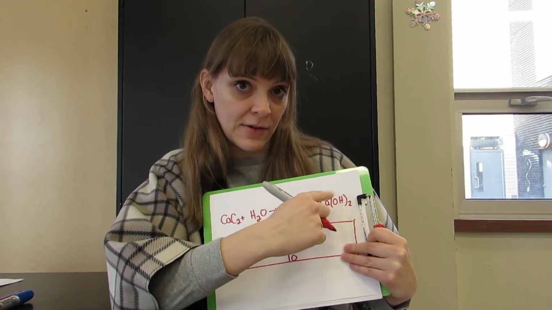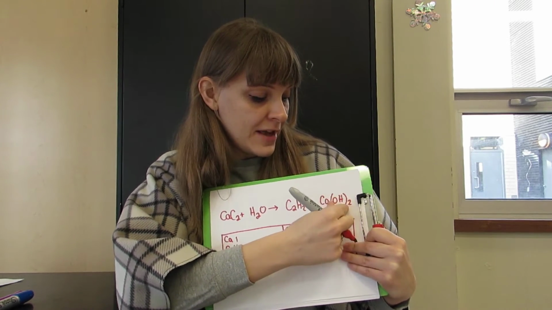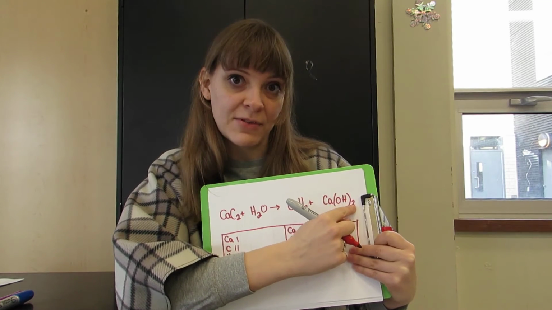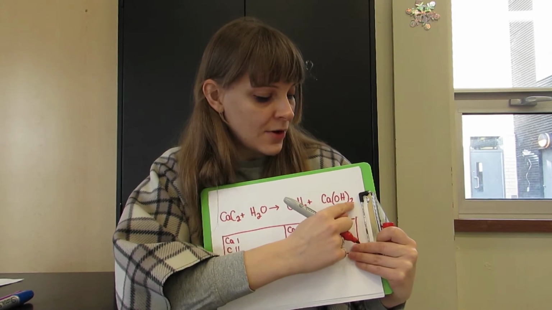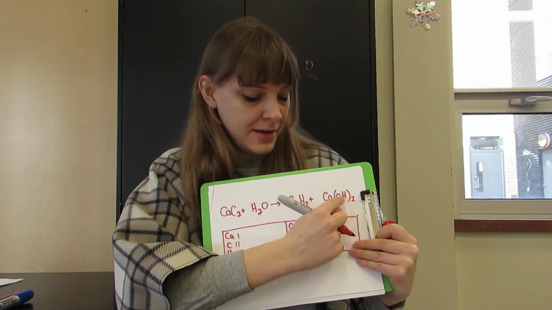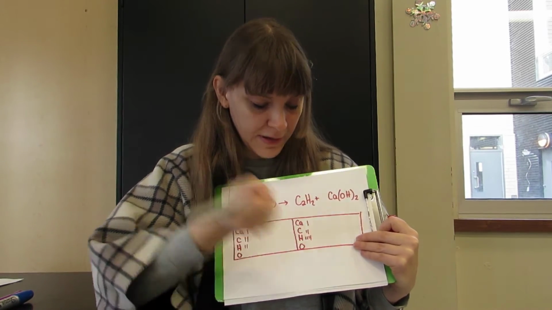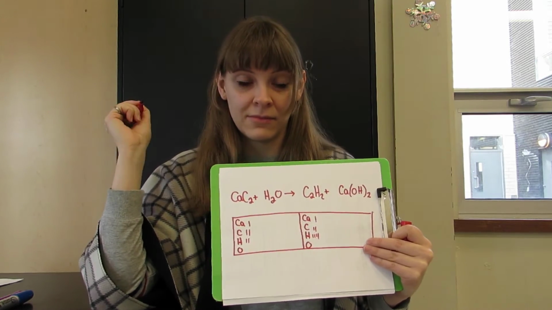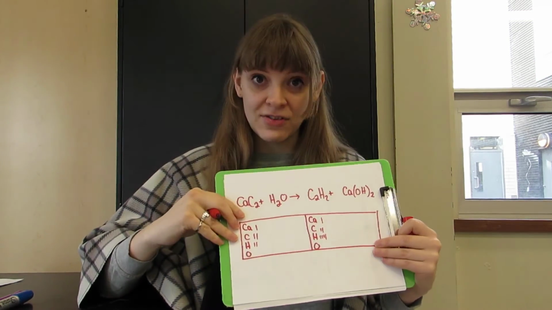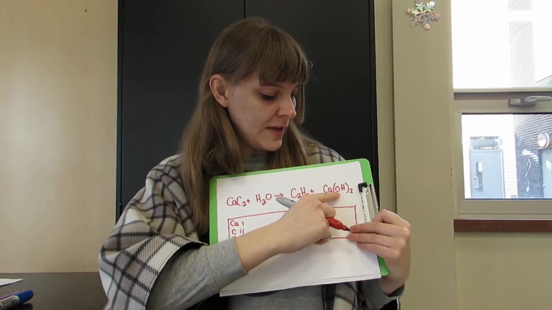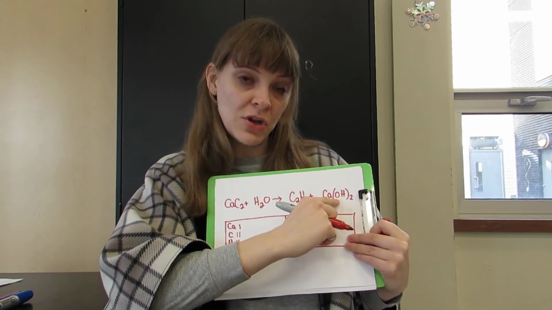So we need to add those up. Now, this bracket indicates that both of these have the subscript 2 next to it. So we have 2 hydrogens here, plus 2 hydrogens here, which means we have 4 hydrogens on that side. Let's count our oxygens. Here we have 1. And then on this side, we have 2 oxygens.